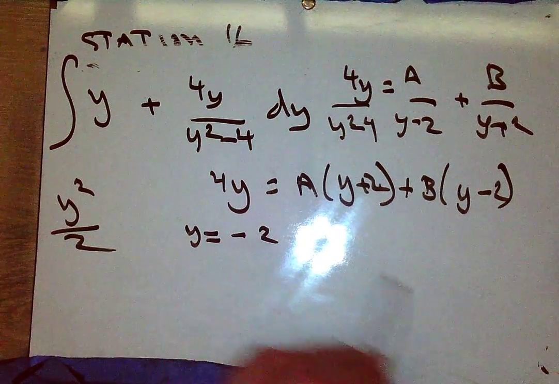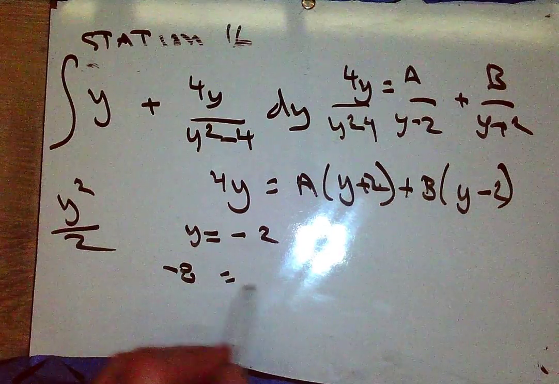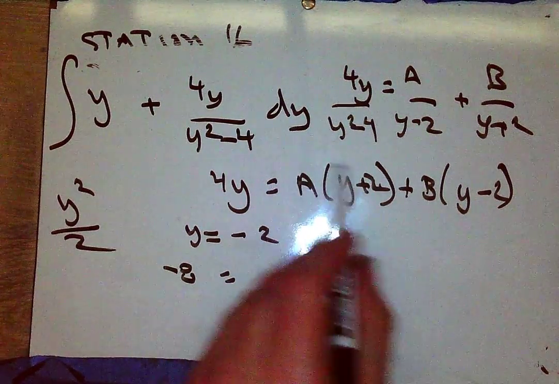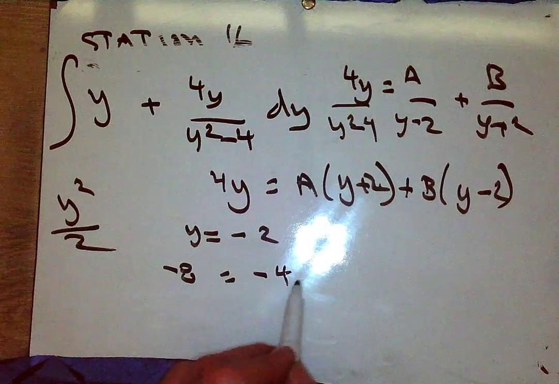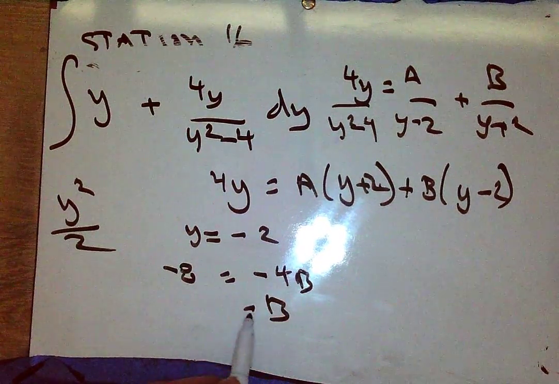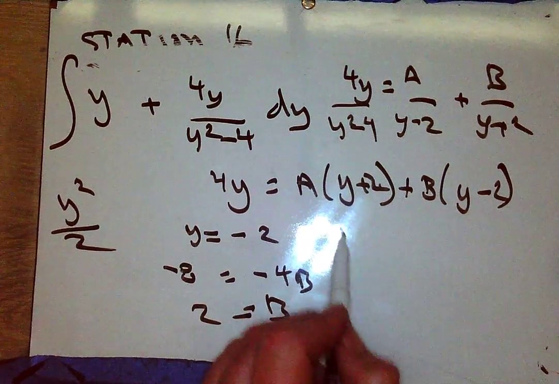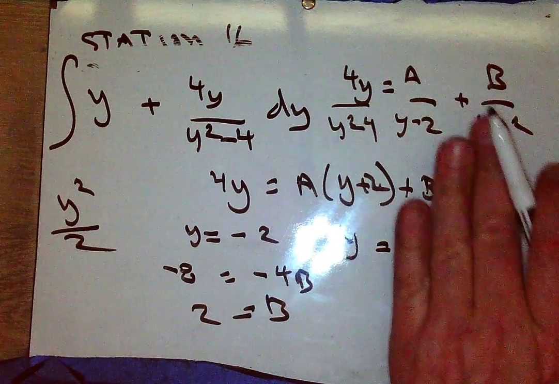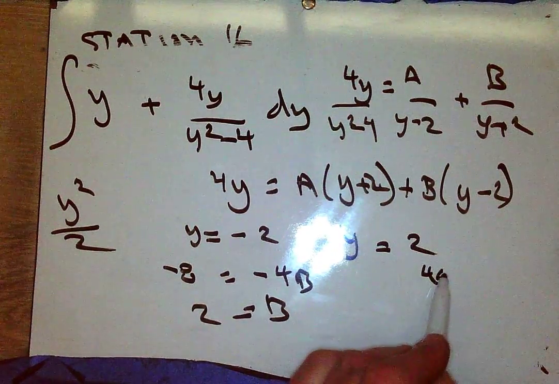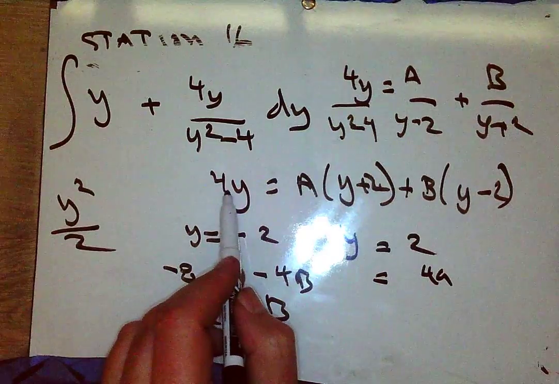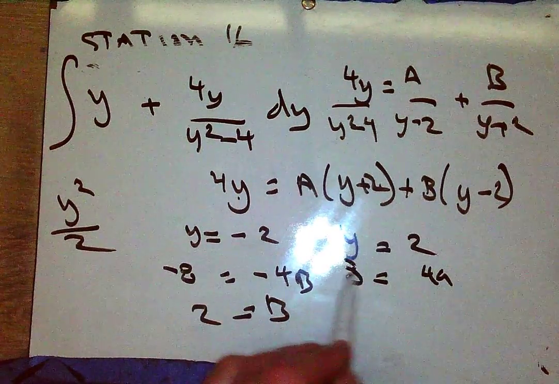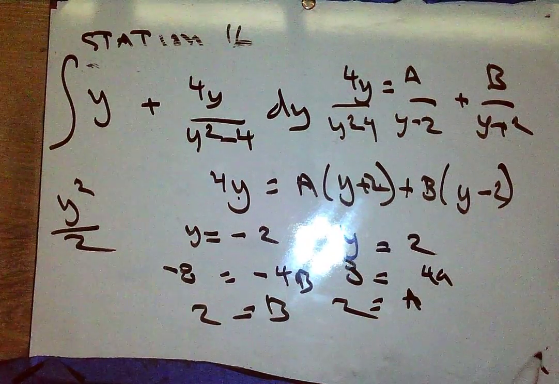So when y equals negative 2, we have negative 8. Negative 2 plus 2 is 0. This is minus 4b. So b equals 2. And if we plug in y equals 2, this one goes away. We get 4a equals 8, and so a equals 2.